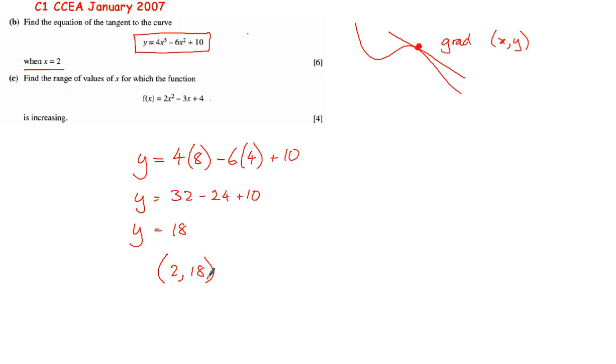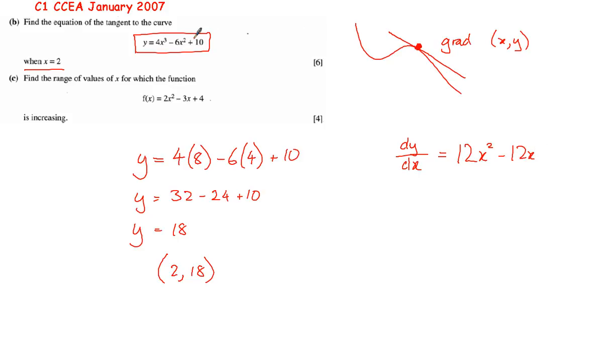The gradient, we should know though, the gradient of this line is the same as the gradient of the curve at any point. And to find the gradient of the curve, we find dy by dx. We differentiate the equation of the curve. Again, this box here. So multiply through by the power, reduce the power by 1. That's 12x squared minus 12x. And when I differentiate 10, I just get 0.